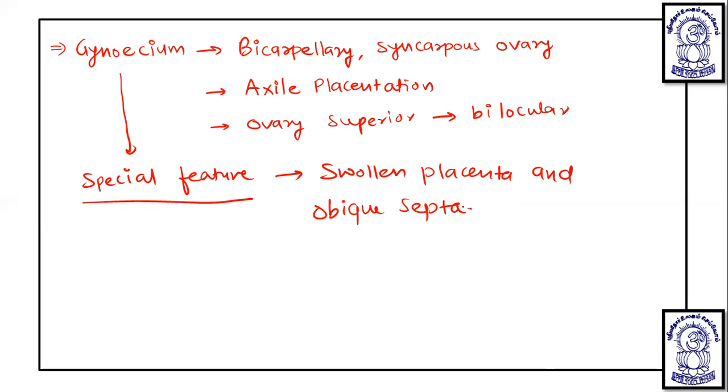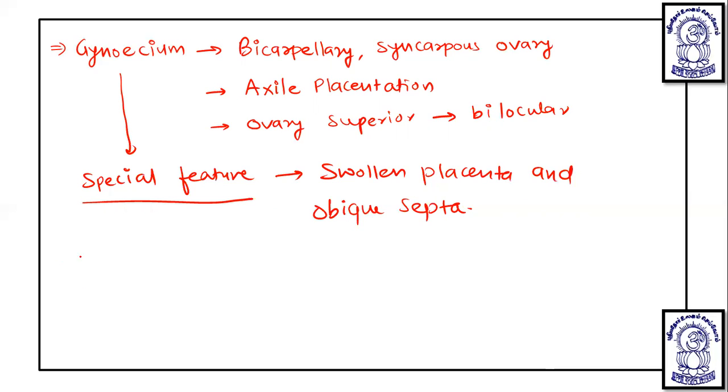So the ovary is arranged obliquely on the thalamus, and particularly this placenta is found to be swollen, and on it the ovules are arranged. So it is one of the important special features. In the same way, sometimes a multilocular ovary is seen.